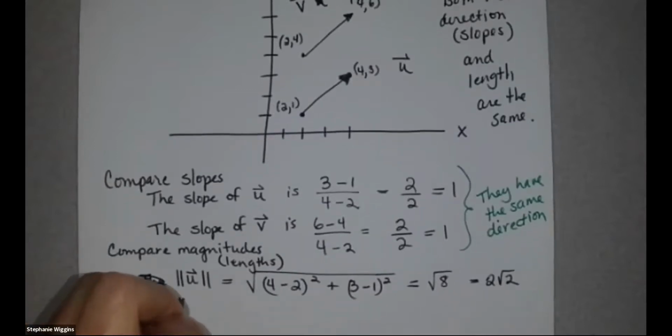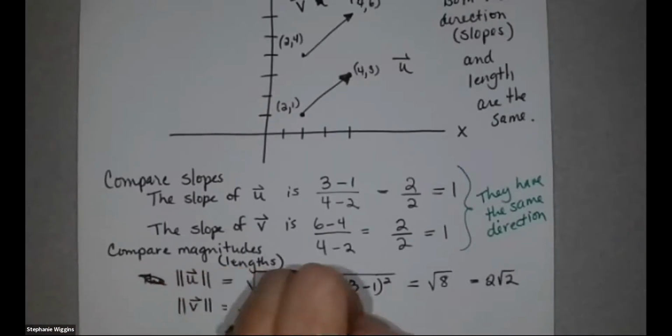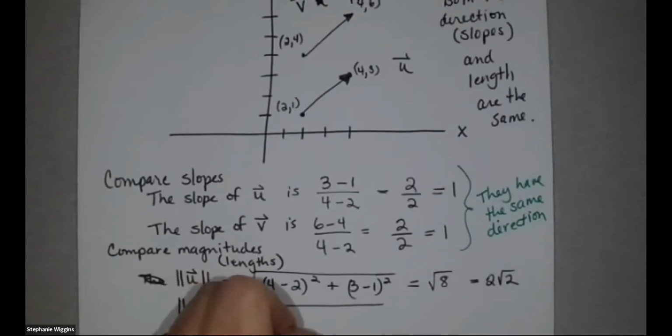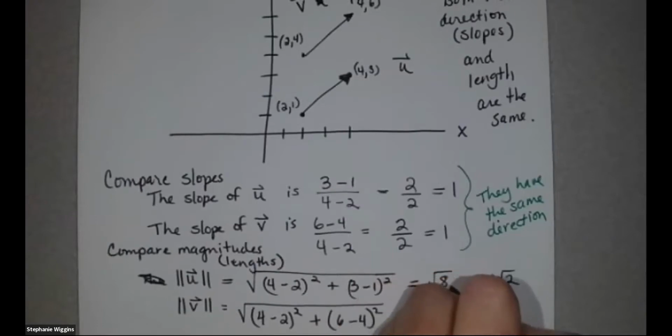And you'll notice that if I calculate the length of v, I get 4 minus 2 squared. Those are the difference of the x values, plus the difference of the y values, 6 minus 4 squared. You're also going to get square root of 8.